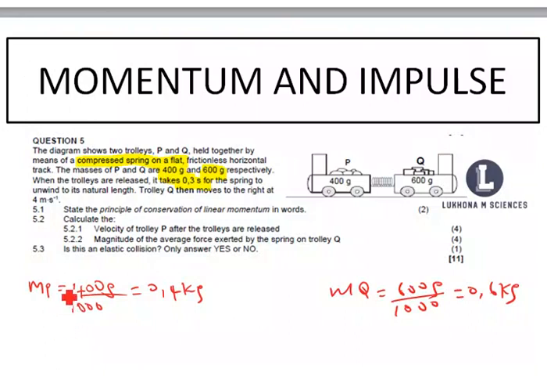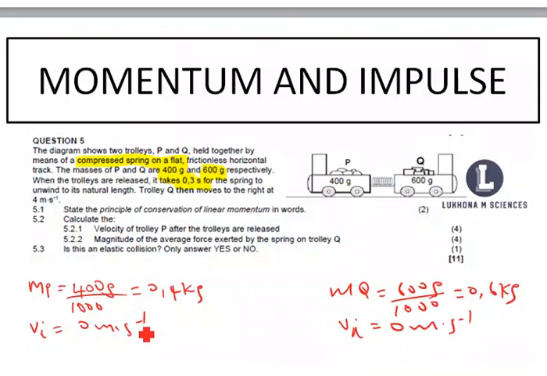Okay. Then we have the initial velocity of both. They were held, which means they were not moving. So the initial velocity of P is 0 meters per second. The initial velocity of Q was also 0 meters per second.